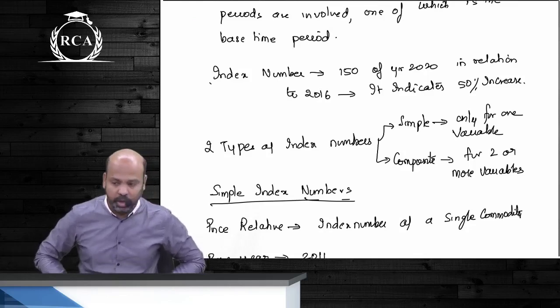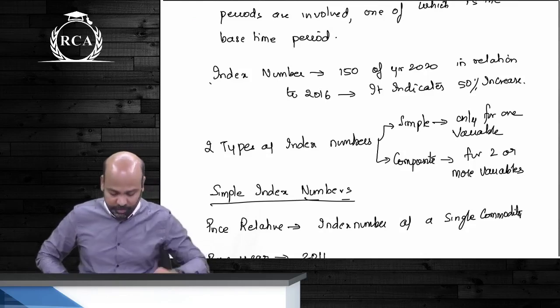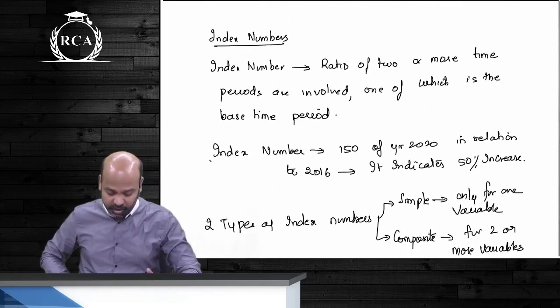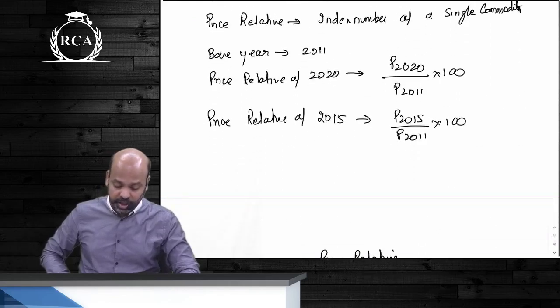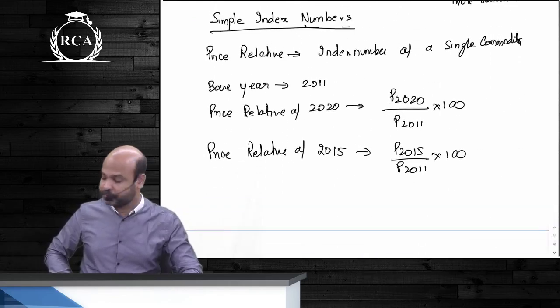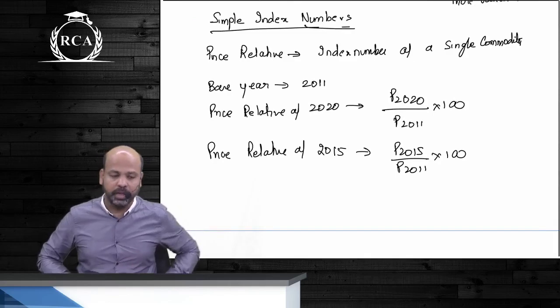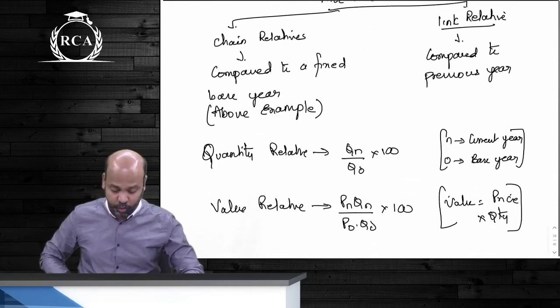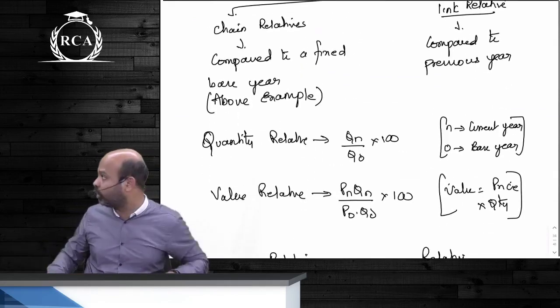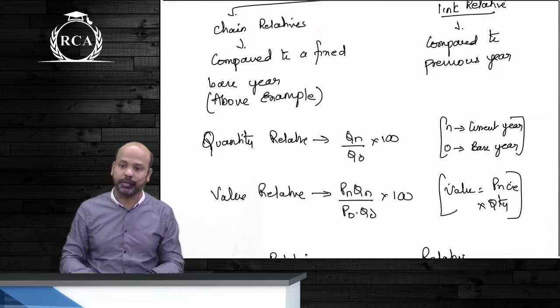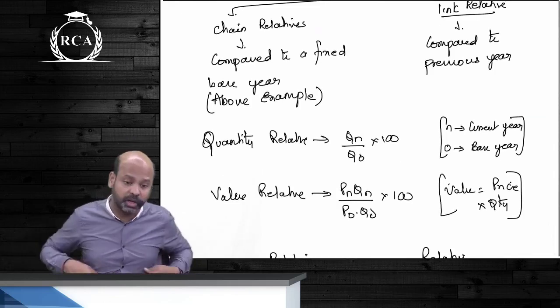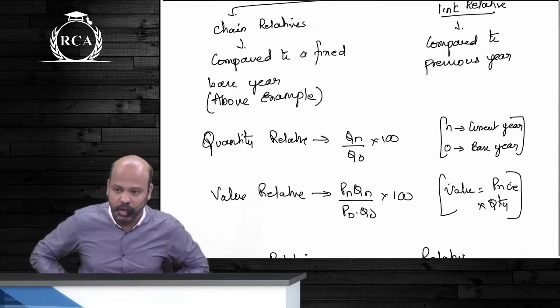Under relatives, we also did the concept of chain relatives and link relatives. When the relatives are computed with respect to a fixed base, it will be called a chain relative. When the relatives are computed in comparison to the previous year, it will be called a link relative.